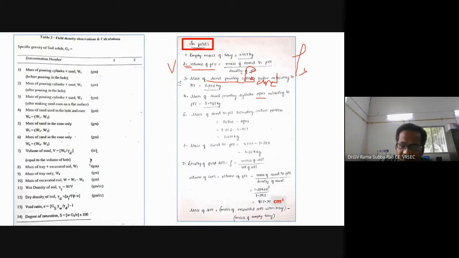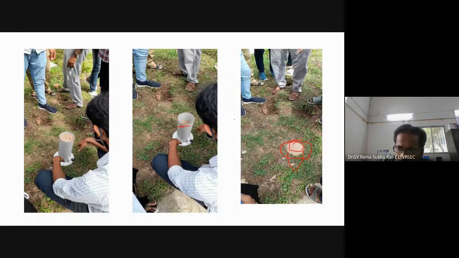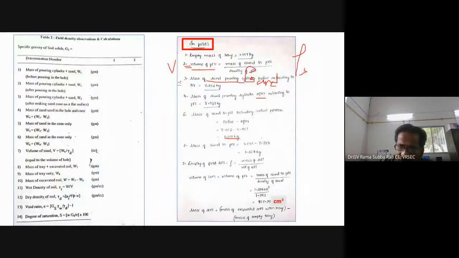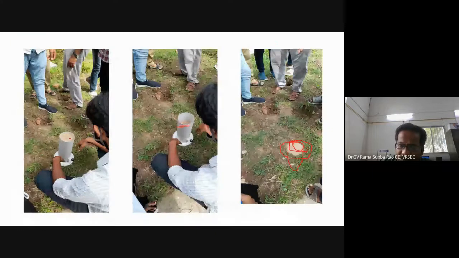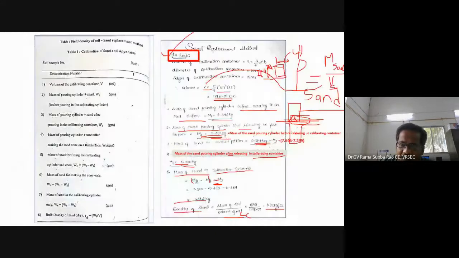Now 7.602 minus 5.951, I'm getting 1.651. But don't forget to deduct this conical portion, so minus 0.387, as we discussed in the first step of measuring masses in this experiment.